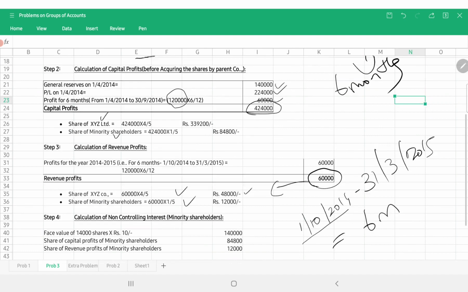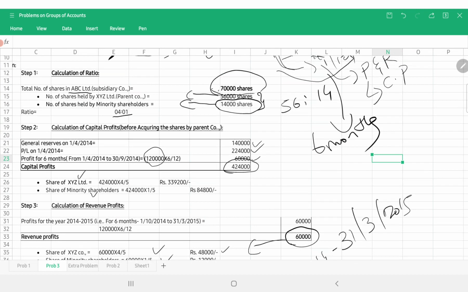In the ratio itself we have found out the number of shares held by the parent company, which was given clearly in the question: 56,000 shares. The total issued shares by the subsidiary company is 70,000. Out of 70,000, 56,000 were purchased by the parent company. So the remaining 14,000 shares were completely purchased by the minority shareholders. This is the face value of the minority shareholders.